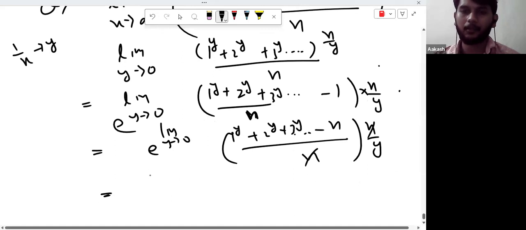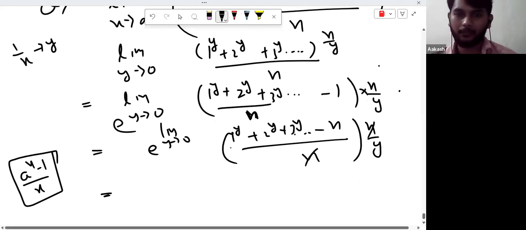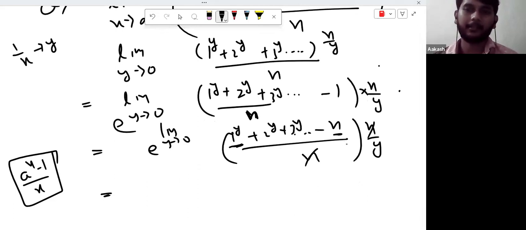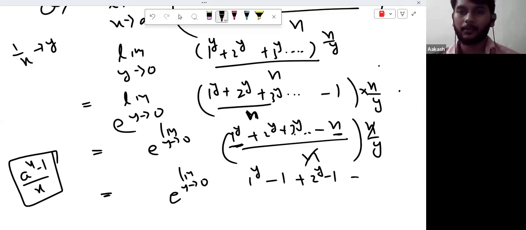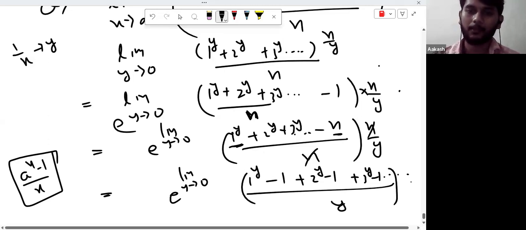Now see, again as in the previous question we used the formula a to the power x minus 1 upon x. In the same way we have 1 to the power y upon y. And this n, can I write 1 plus 1 plus 1, n times? So we'll have e to the power limit y tending to 0. One I will give to this, another one to this, and so on, upon y.